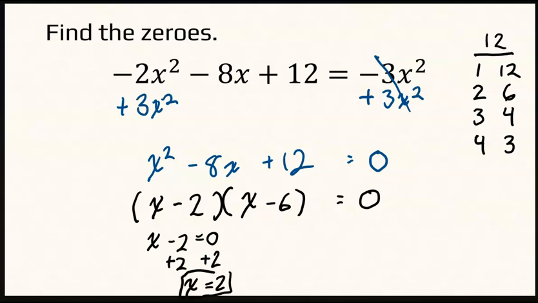That is my first solution. x minus 6 equals 0, add 6, and x equals 6. That is my second solution. Just remember, it doesn't matter which solution is first or second. We just want to know what x equals in the instance of this quadratic, or, as I mentioned, if we were to graph this quadratic, we would like to know when it would pass the x-axis.